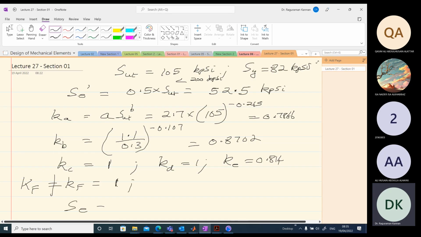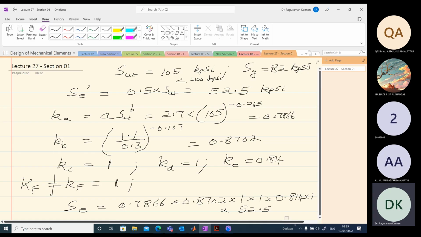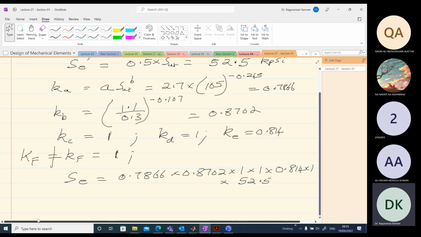Now we can calculate Se by multiplying the factors Ka, Kb, etc. Multiplied by 0.8702, Kc is 1, Kd is 1, Ke is 0.814 and Kf is 1, and then multiply by Se prime, which is 52.5. So multiply all this and we will get what is our Se value in our case.